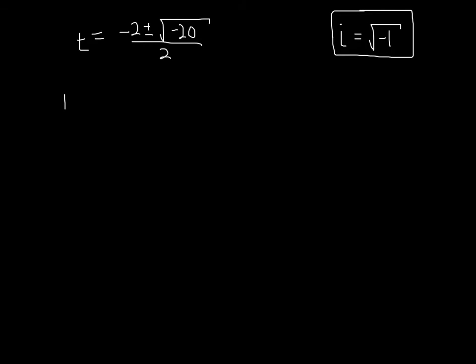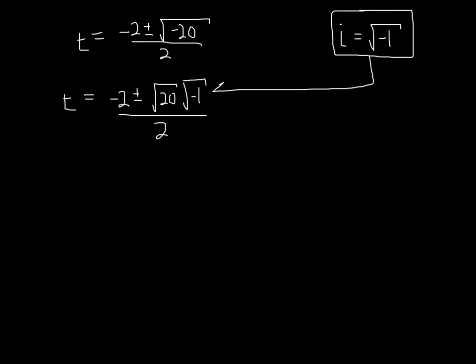So I can rewrite this as t is equal to negative 2 plus or minus the square root of 20 times the square root of negative 1, all over 2. And now I can recognize that I can plug in this i.